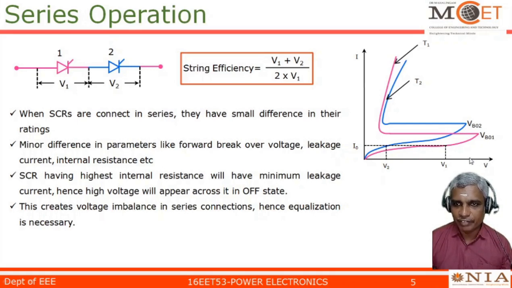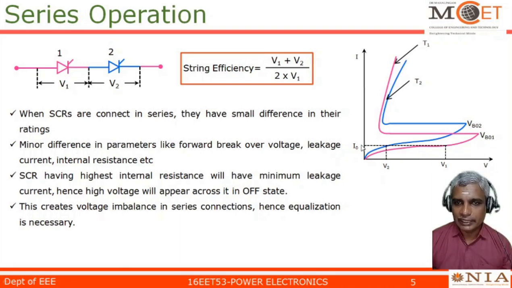VB01 is greater than VB02. Even if these two SCRs are from the same manufacturer and of the same rating, there may be a small difference between their ratings because of errors during manufacturing. There may be minor differences in parameters like forward breakover voltage, VB01 and VB02.